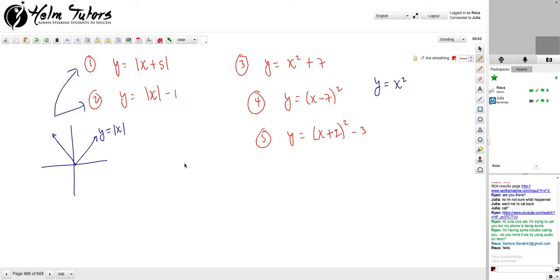Up would be absolute value of x, plus 5, like that. That would be up 5.